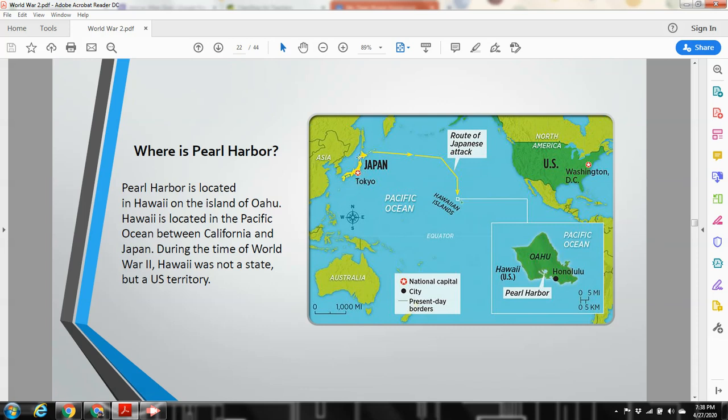Japan's route was from Japan, and they flew in, and their attack was right there. Okay. So that is where Pearl Harbor is located. It is located in the Pacific Ocean, a few hours away from California and a few hours away from Japan.